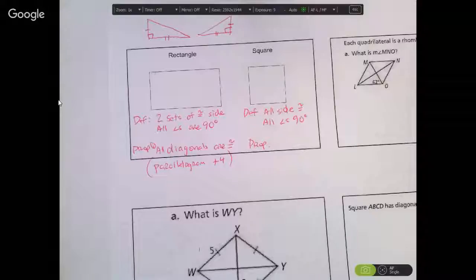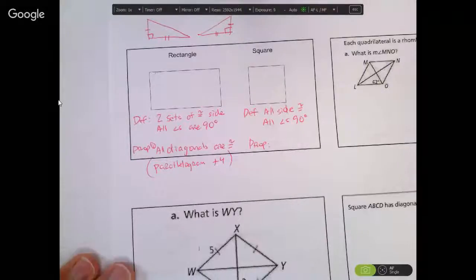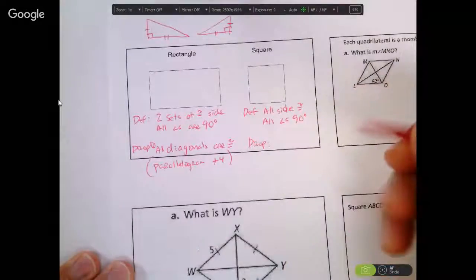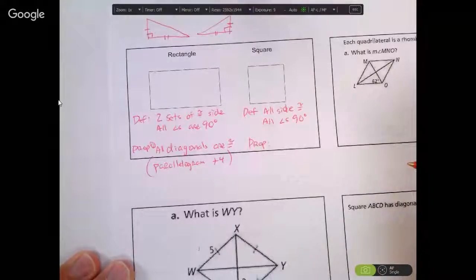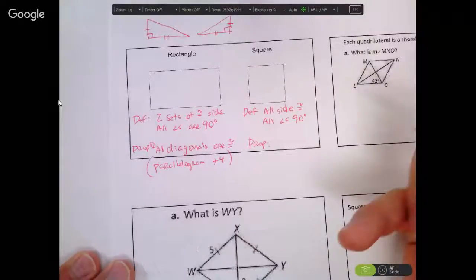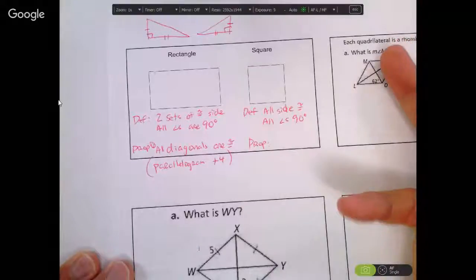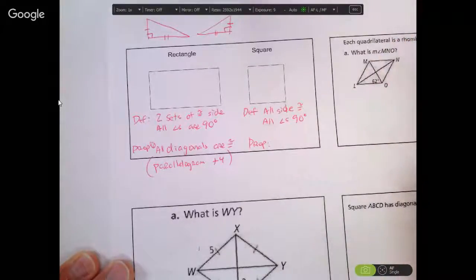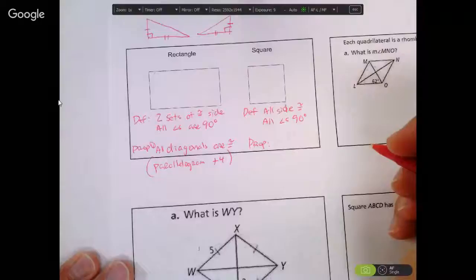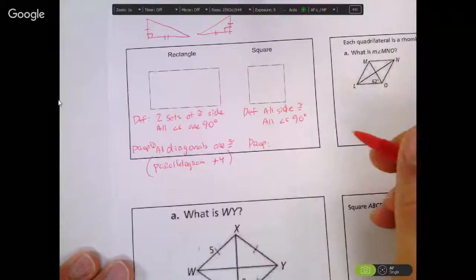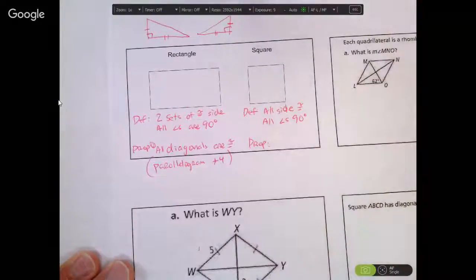So the square doesn't have any special properties unique to itself, but it has a bunch of properties. It's a parallelogram, so it's got those four. It's a rectangle, so it's got that property, and it's a rhombus, so it's got those properties. The only properties it doesn't have are the properties of a kite and trapezoids. That's another shape we're talking about.